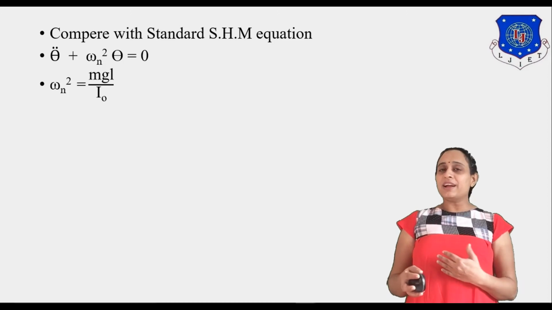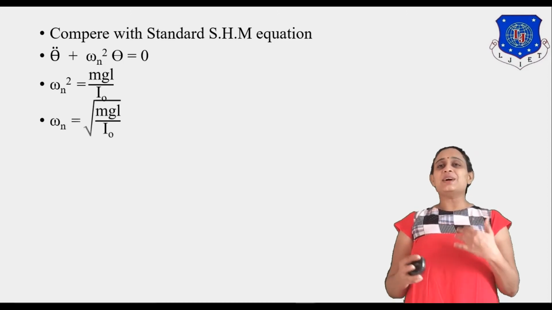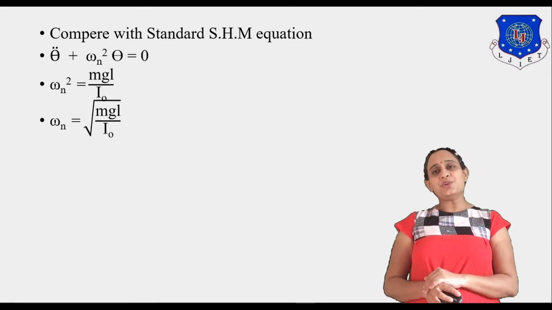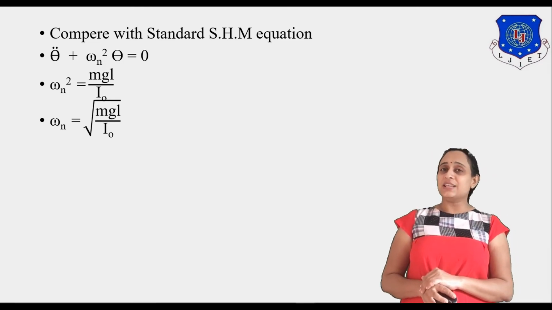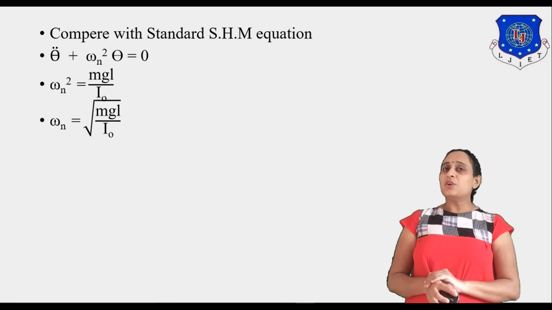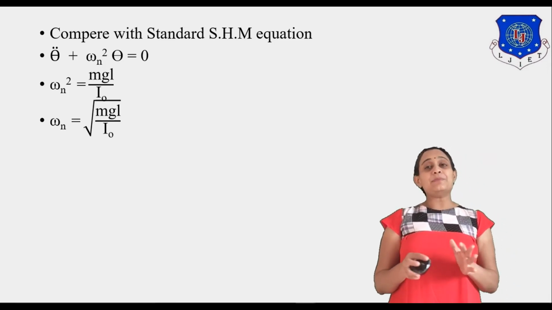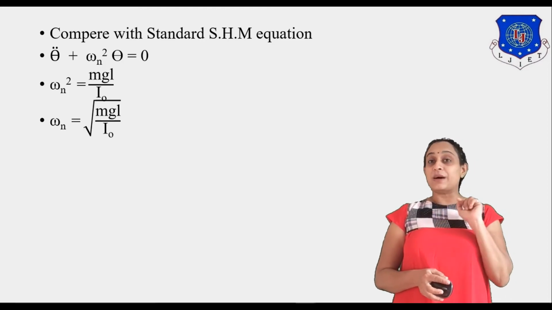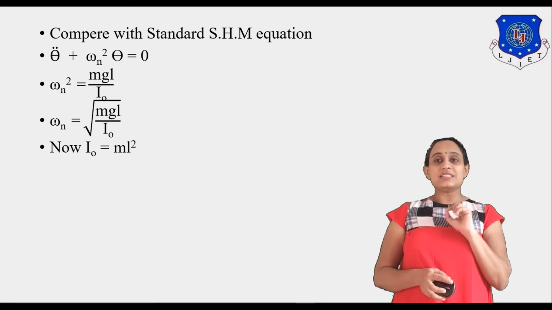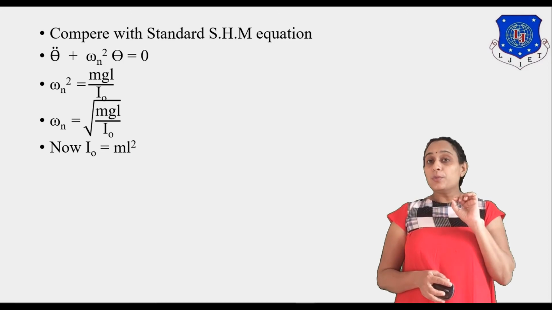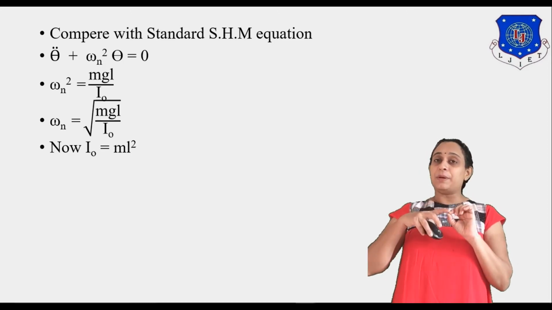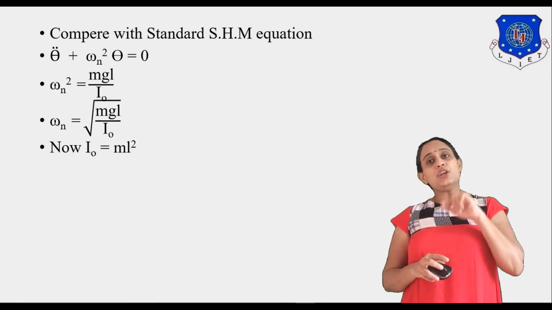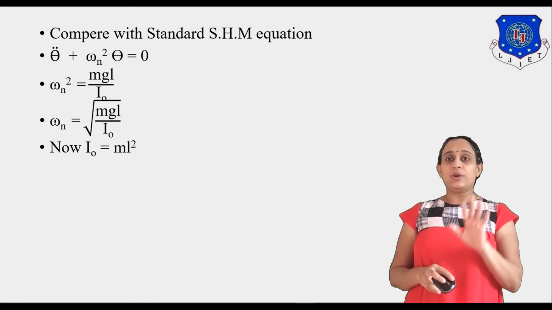So what is our omega n square value? It is mgL upon I0. So omega n is under root of mgL upon I0. Now, what is the I0 value? It is mL square because our Cg is at the center of the bob of mass, which is the point mass m, and the perpendicular distance is L. It means m into L square is our I0 in our case.